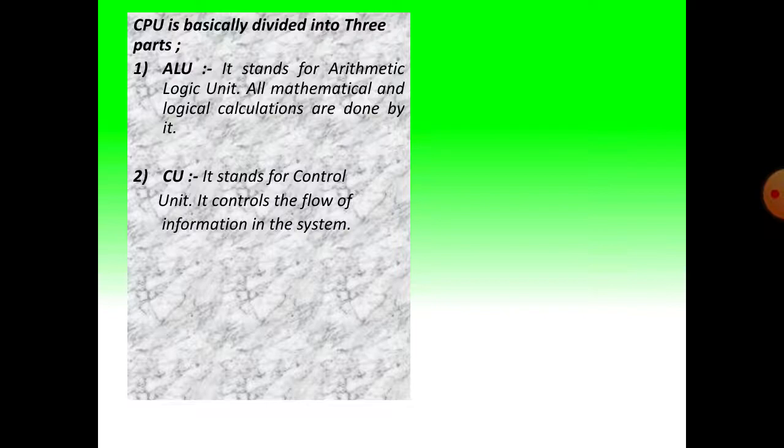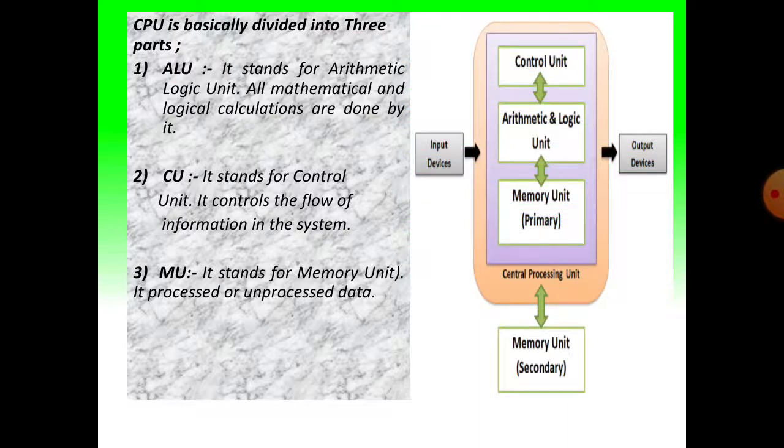It controls the flow of information in the system. And number third is MU. It stands for memory unit. It stores processed or unprocessed data. And this is the layout of CPU, central processing unit.